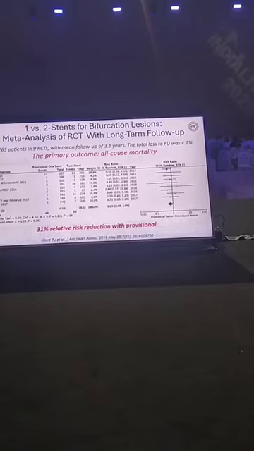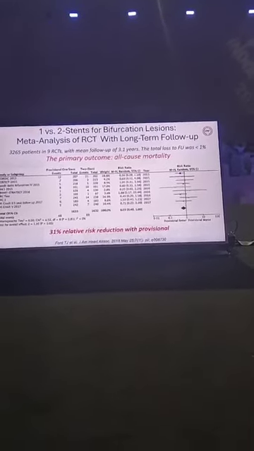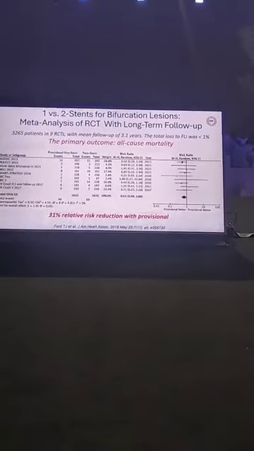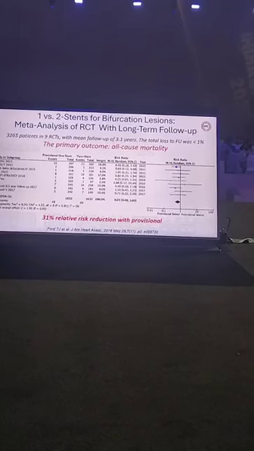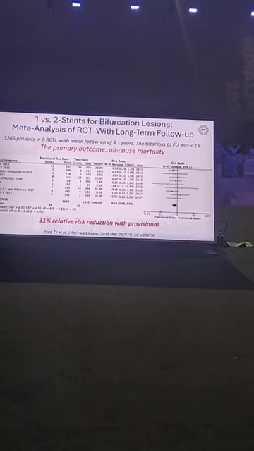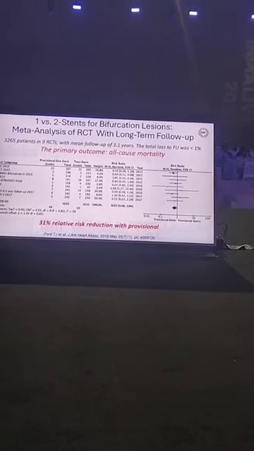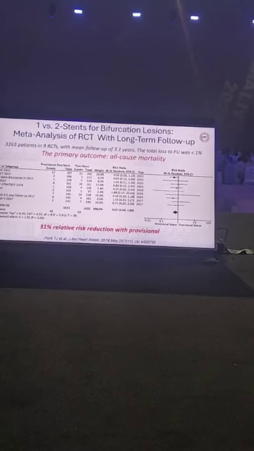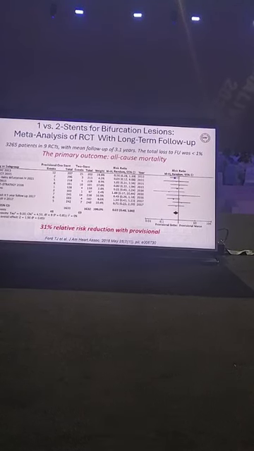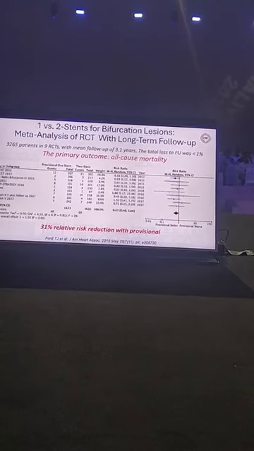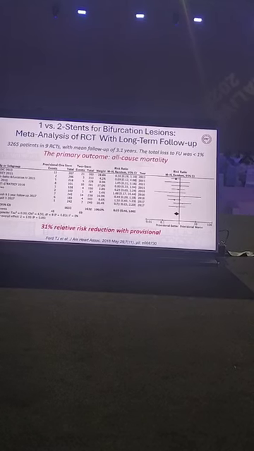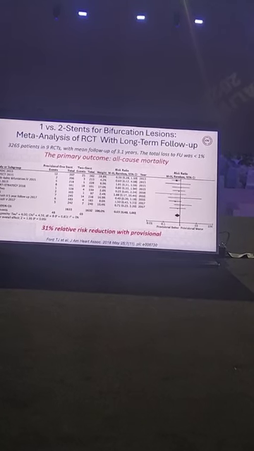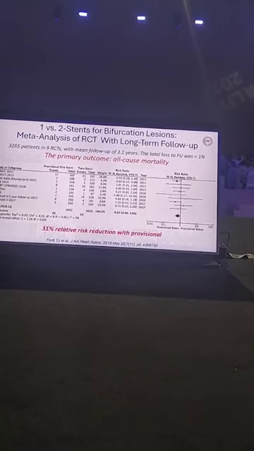3,300 patients in 9 randomized trials were followed up for at least 3 years with minimal loss of follow-up, and Dr. Ford published this important meta-analysis with the primary outcome of all-cause mortality. And you can see consistently that in all trials, everything is on the side of the provisional for the lower risk of mortality.